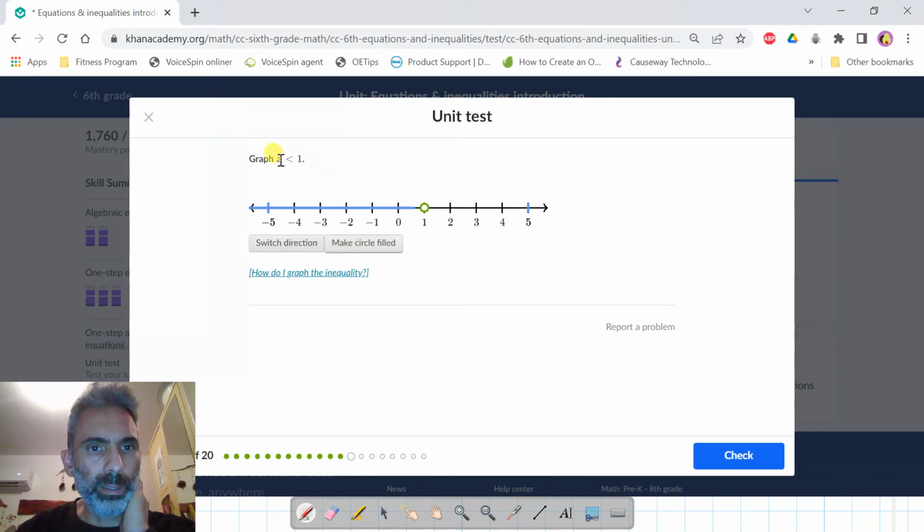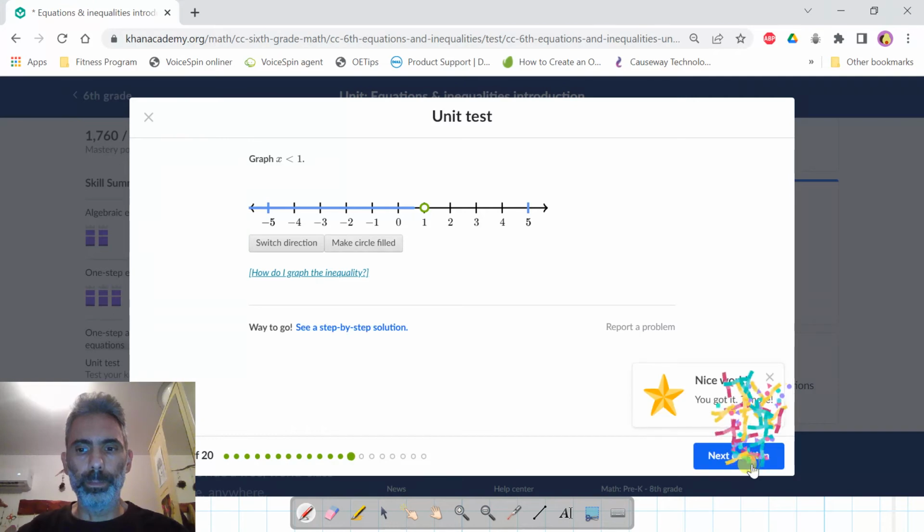It doesn't say x is less than or equal to 1. It says x must be less than 1. So all the values of x must be less than 1, and 1 itself is not included. Therefore, the circle needs to be hollow or open.